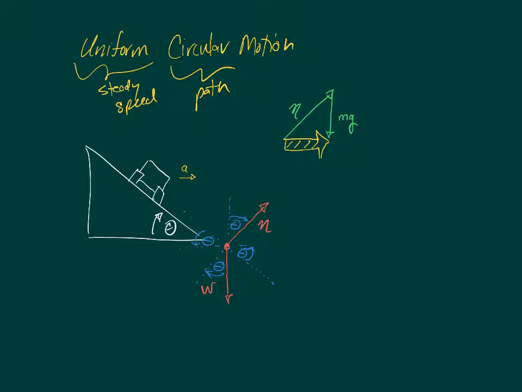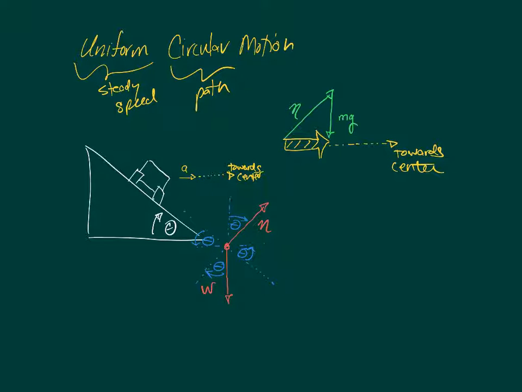So the car is moving in a circle with a constant speed. And that acceleration, this direction here, is pointing towards the center of the circle.